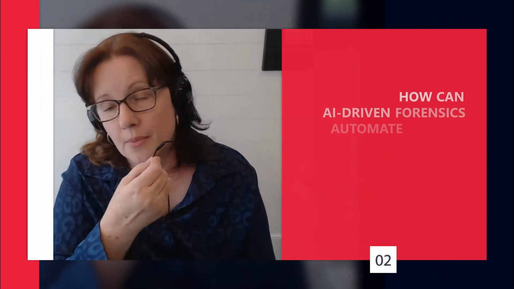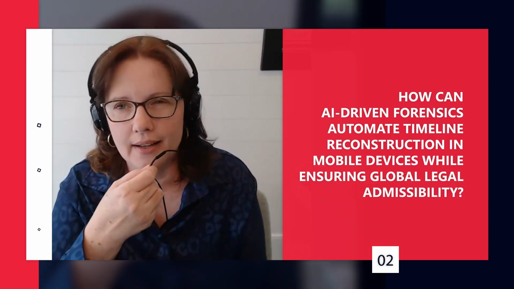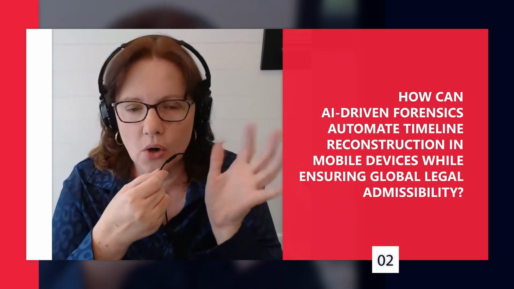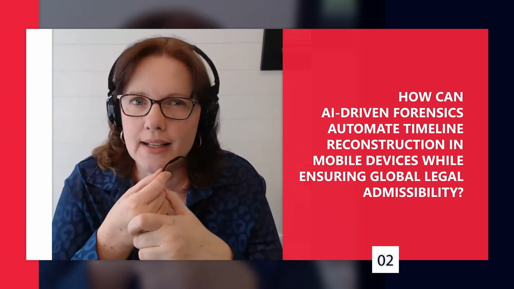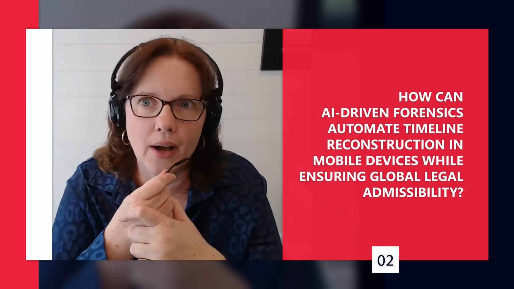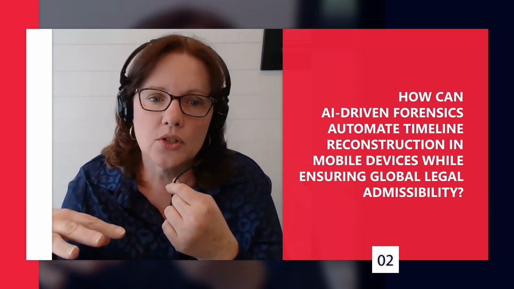So it's interesting because we haven't seen legal authorities make a hard line that says, oh, hey, AI created this timeline, so I'm not going to accept it. It doesn't come down to that. It comes down to how the AI is actually designed and how you're implementing it to create that timeline. So I used an AI that was designed for digital forensics specifically, so that I know exactly how my data is obfuscated.